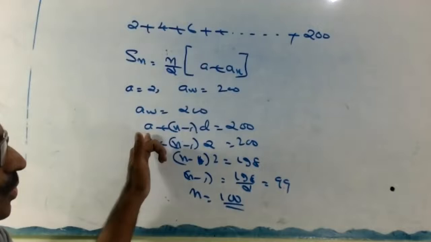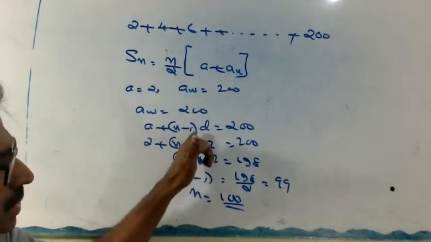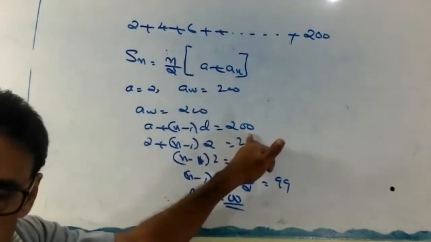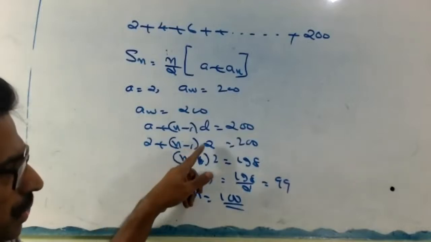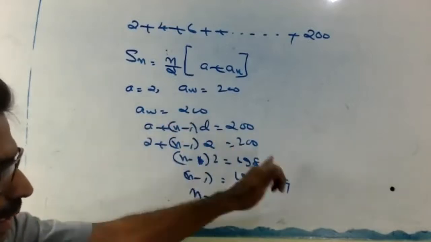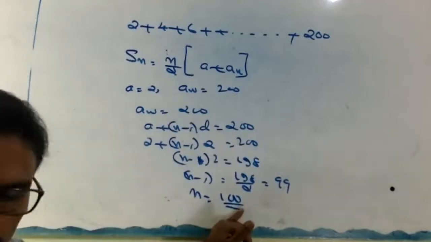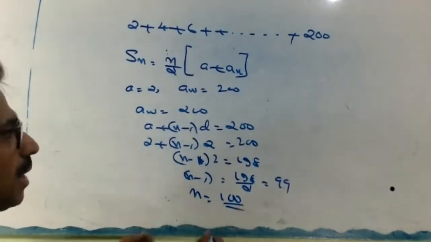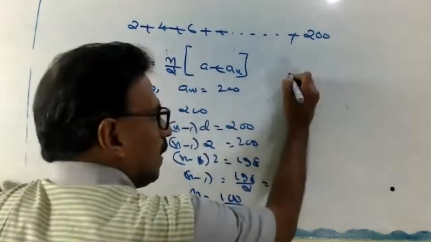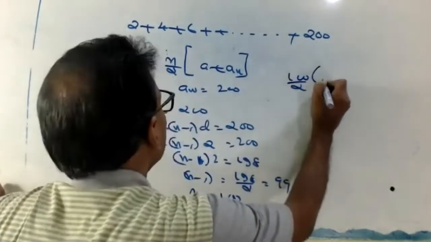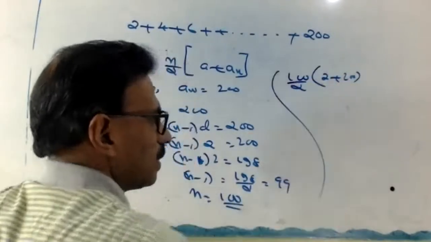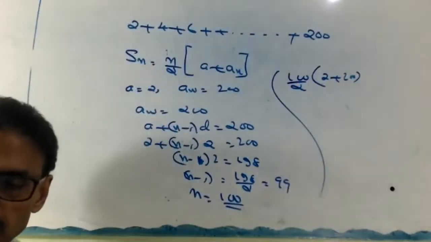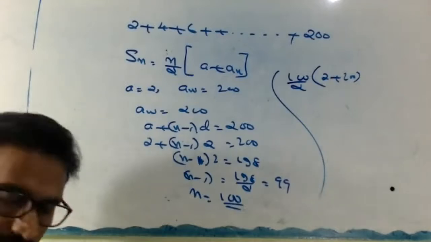Then to find n, a plus n minus 1 into d equal to 200. So 2 plus n minus 1 into 2 equal to 200. 2 going that side, 198. You got n equal to 100. Then just apply here: 100 by 2 into 2 plus 200. So you find this out, you get the answer. Try fast.